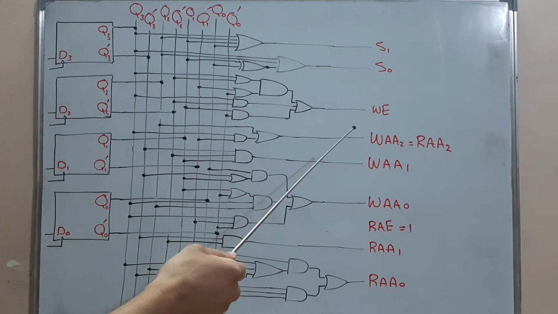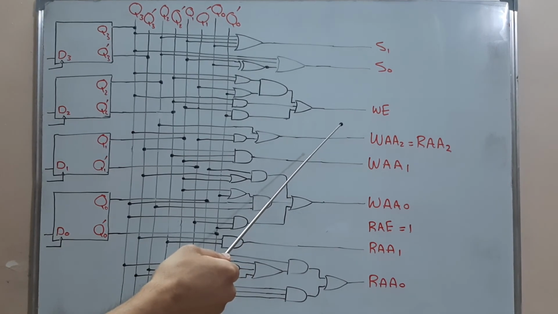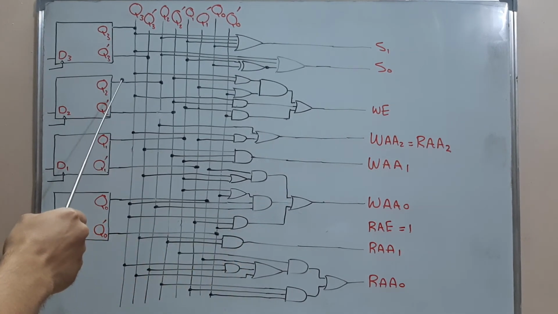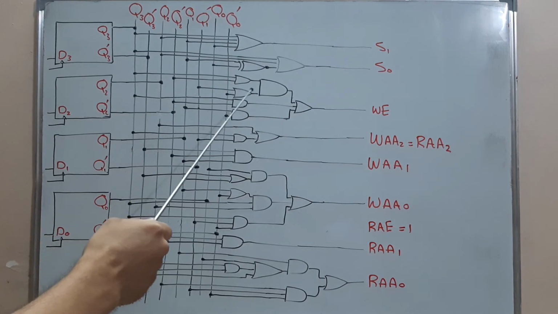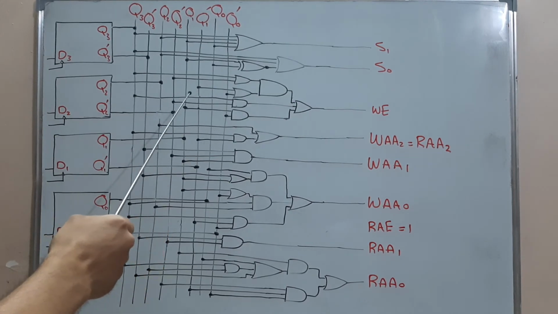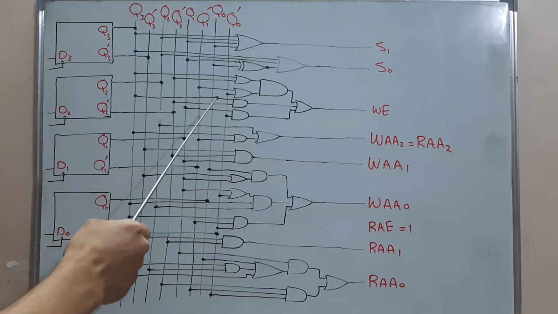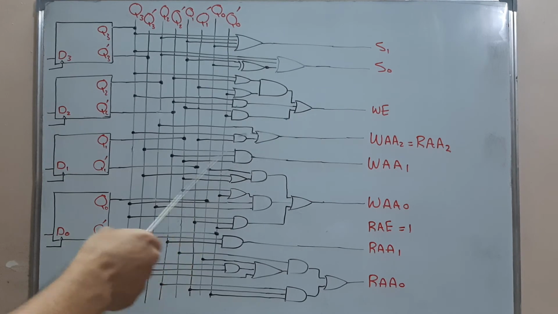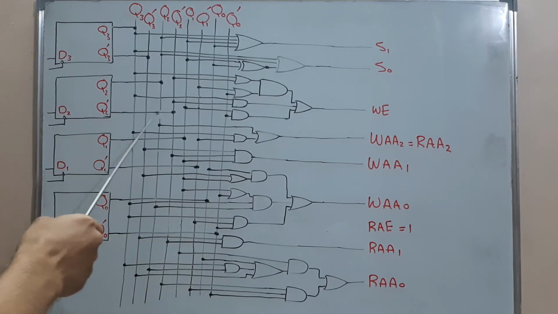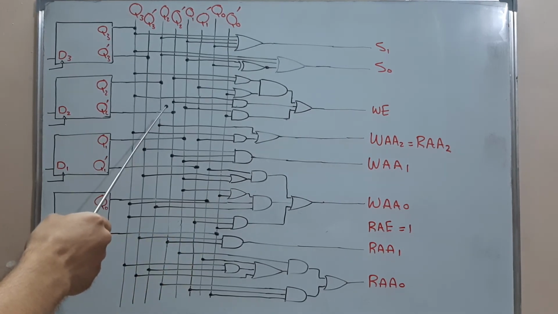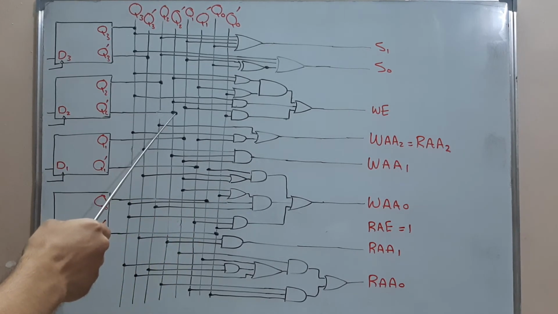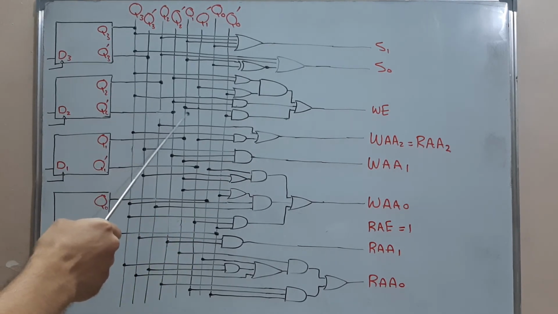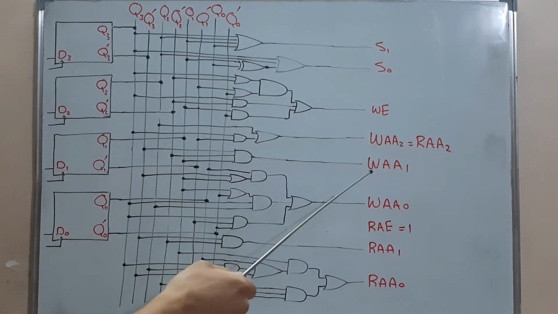WE is equal to 1 whenever Q3 is ORed together with the Q2 bar, and the whole is ANDed together with the Q1 bar or Q0 bar, and the whole is ORed together with the Q3 and Q2 bar, or is equal to 1 whenever Q1 ANDed together with the Q0 bar.